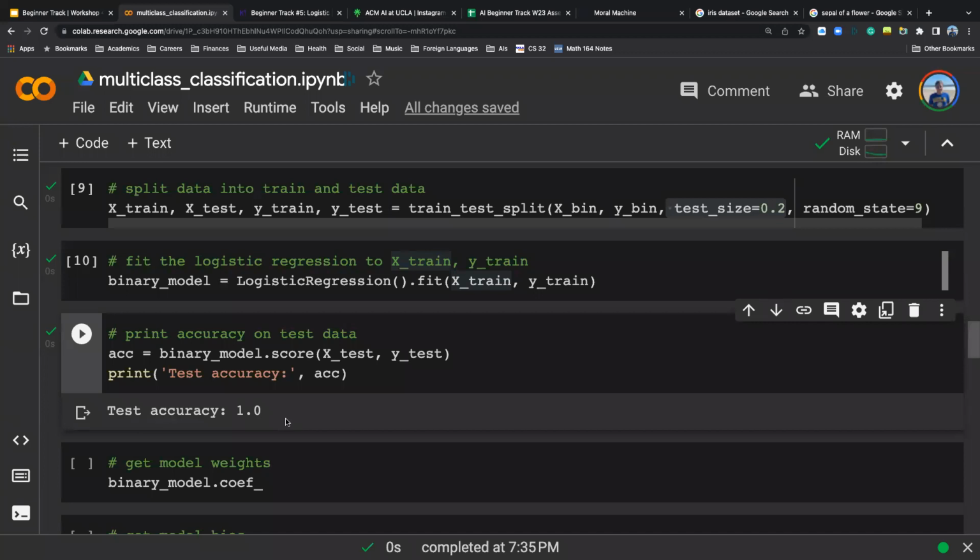Close. So this test accuracy is only being done on 20% of the data set. So this test accuracy is the accuracy of the model on just that small subset of the data set. In our case, we actually have a very small data set, which is 150. So 20% of 150 is 30.